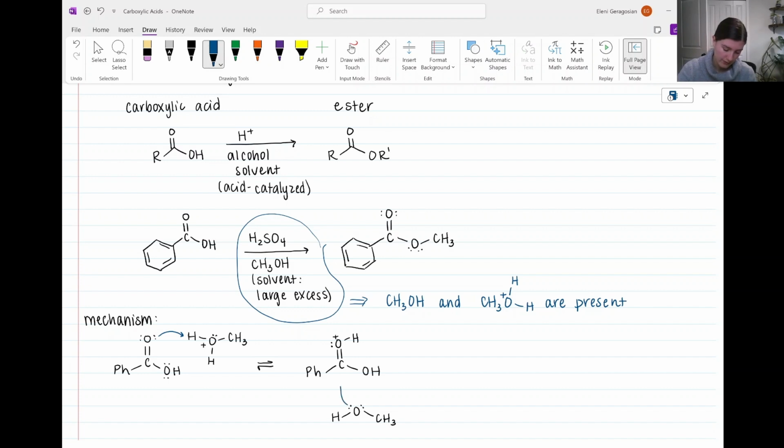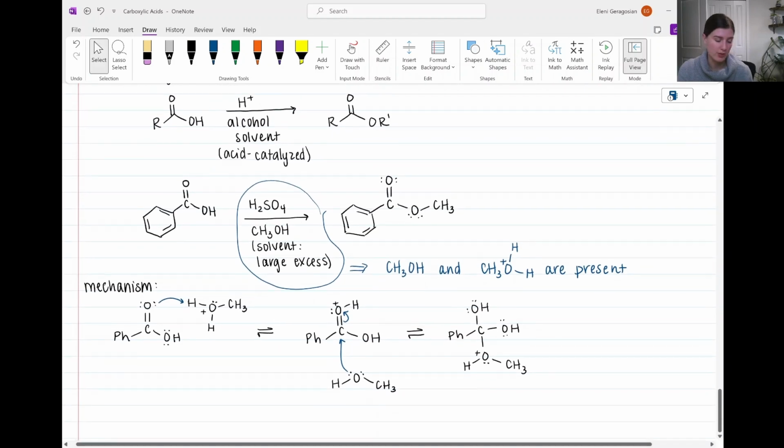So we show our nucleophilic addition step. I break the pi bond. So this new bond to the positively charged oxygen is what is changing in this step. So we have that new carbon to oxygen bond. We have a positively charged oxygen here.